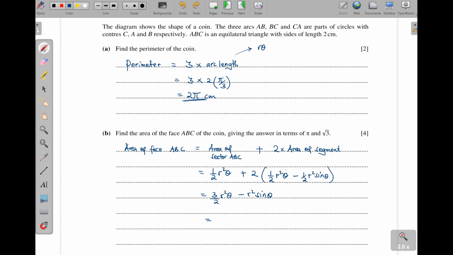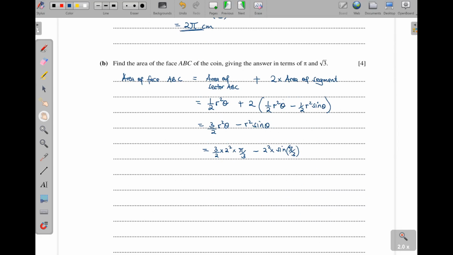Now remember the radius is 2. So 2 squared, and then our theta is pi over 3. Then minus, again 2 squared times sine of pi over 3. Then to simplify this one here, this 3 of course will go with this one. This is 4 divided by 2, that will be a 2.